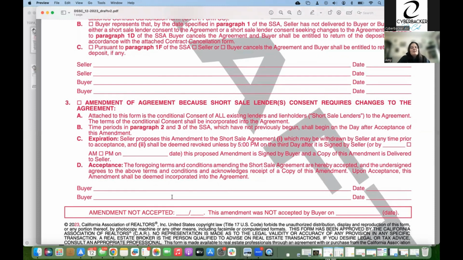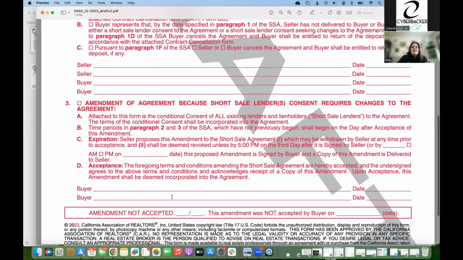Acceptance: the foregoing terms and conditions amending the short sale agreement are hereby accepted and the undersigned agrees to the above terms and conditions and acknowledges receipt of a copy of this amendment. Upon acceptance, this amendment shall be deemed incorporated into the agreement.